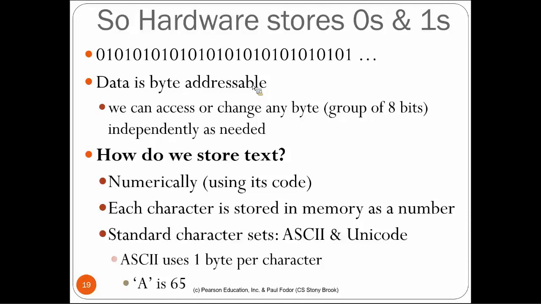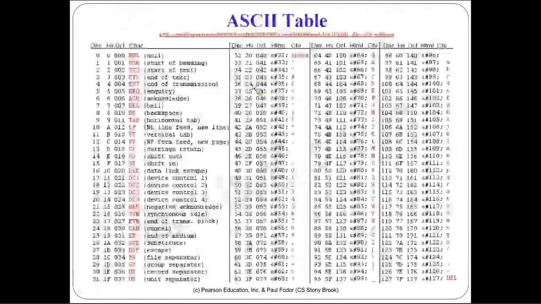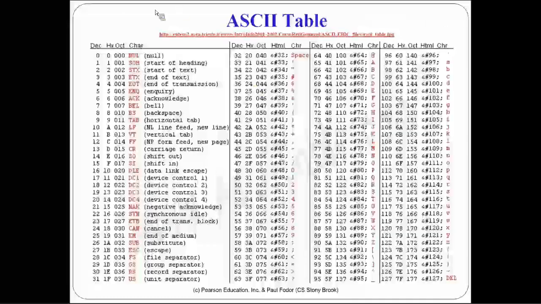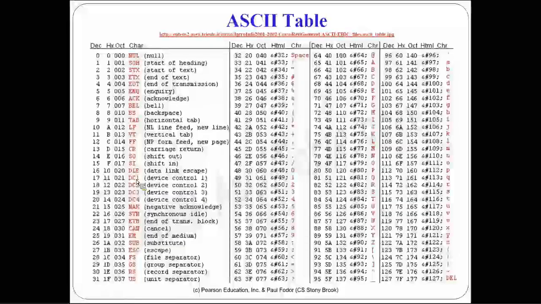So instead of storing A, we are storing in memory the number 65 in binary. And here is a complete set. It tells us for the decimal number what is the character encoding, and for the character how it is encoded in the computer. So for instance, space is encoded as 32. 0 is encoded as 48.